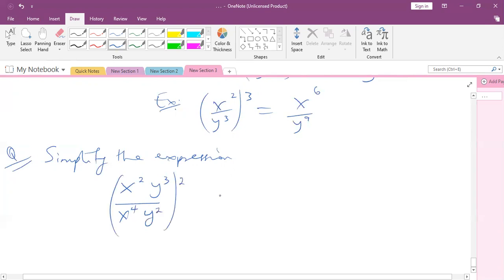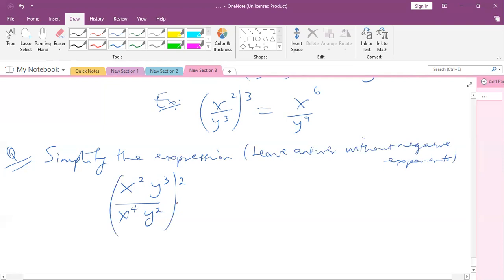Let's make it a little bit complicated like this. And then I'll add here: simplify the expression, leaving your answer without negative exponents. Okay, so let's begin.